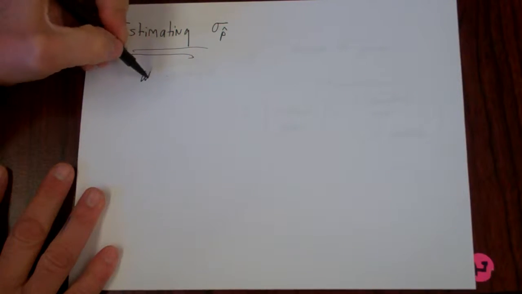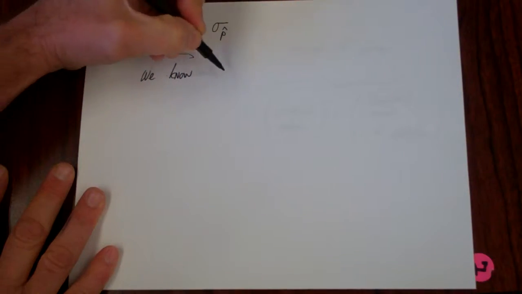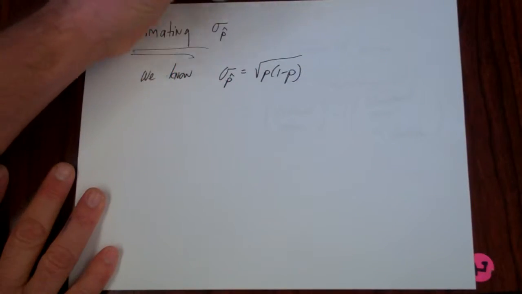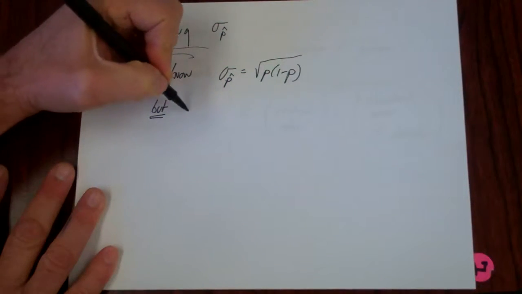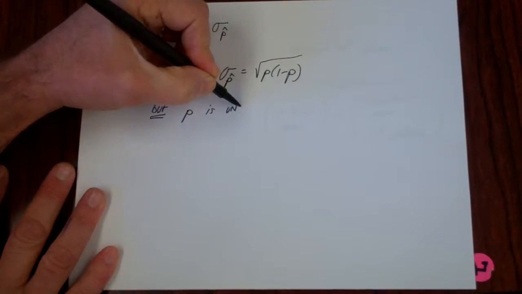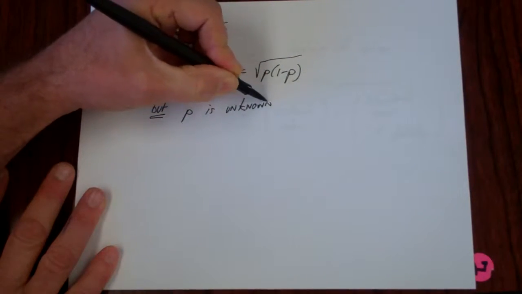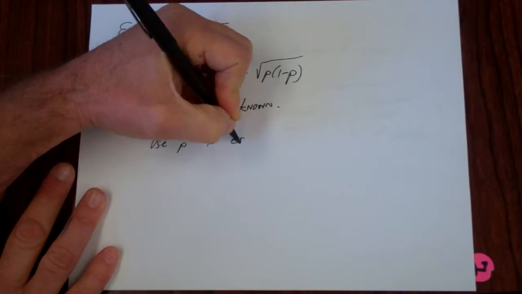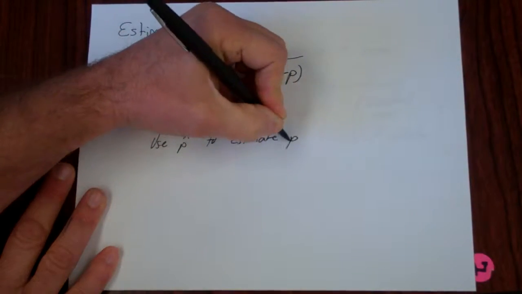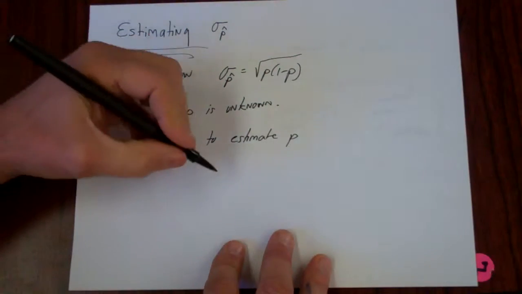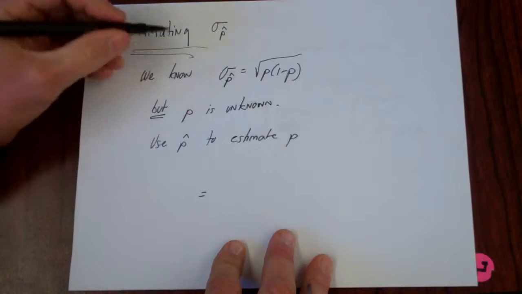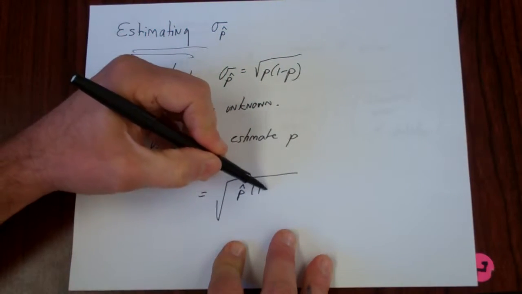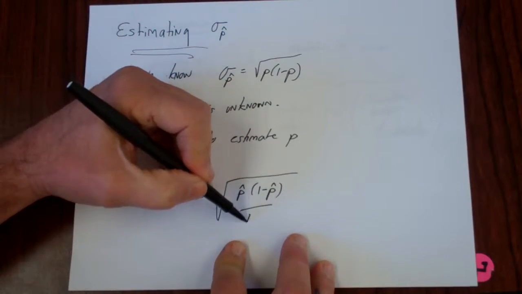So again, what we're doing is estimating sigma p hat. We know that sigma p hat is equal to the square root of p times 1 minus p over n, but p is unknown. So we use p hat to estimate p, and then we can estimate sigma p hat as the square root of p hat times 1 minus p hat over n.